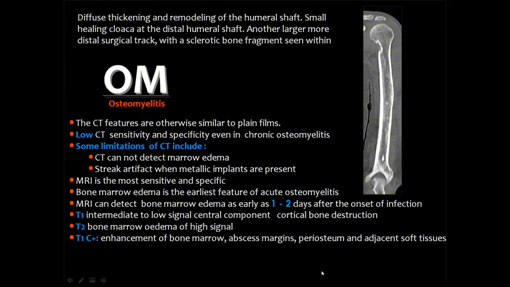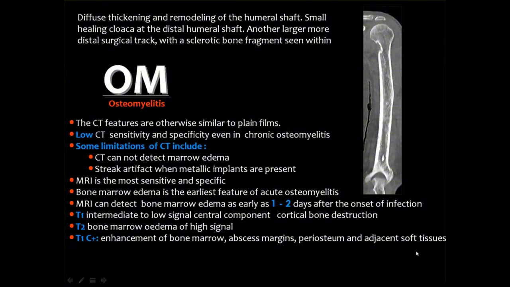Then bone marrow edema, which is the earliest sign of acute osteomyelitis, is seen only by MRI, and this can be detected as early as 1 to 2 days after the onset of infection. You do not need to wait for 7 or 14 days.